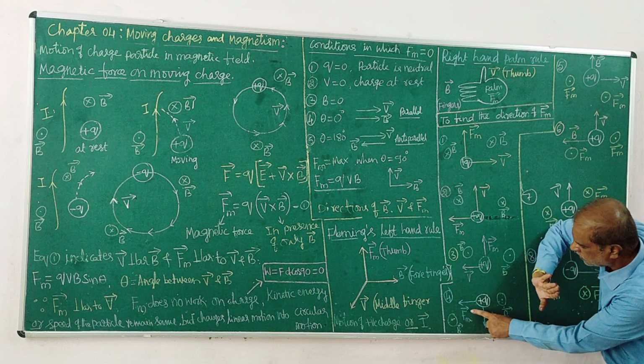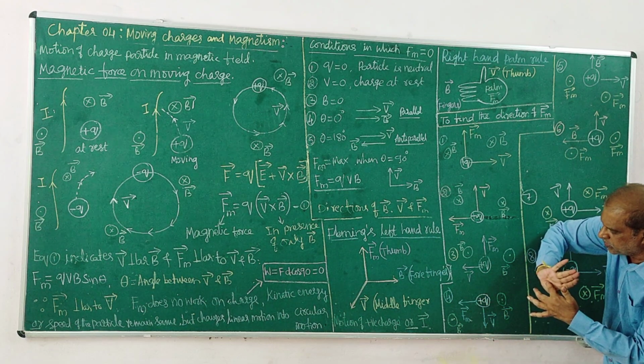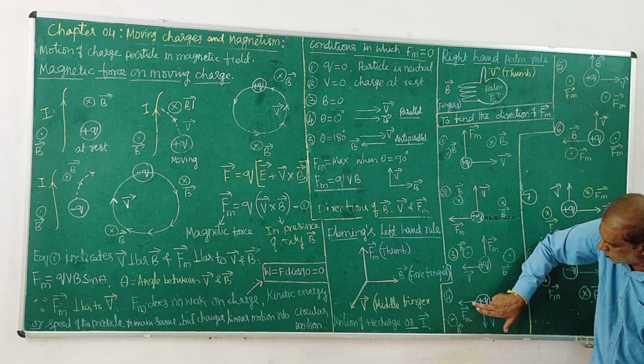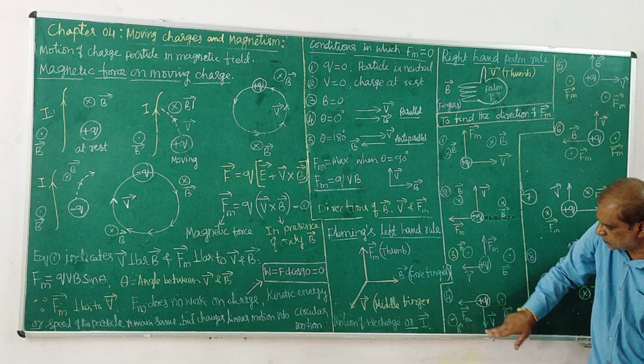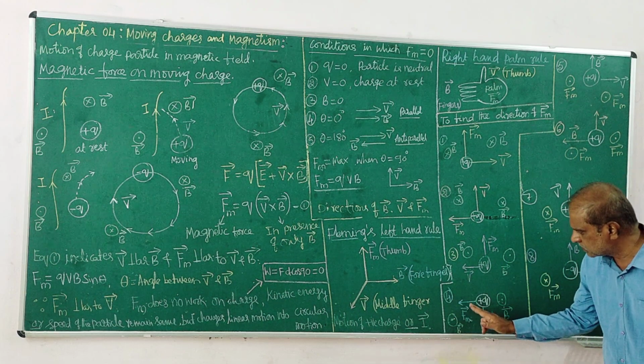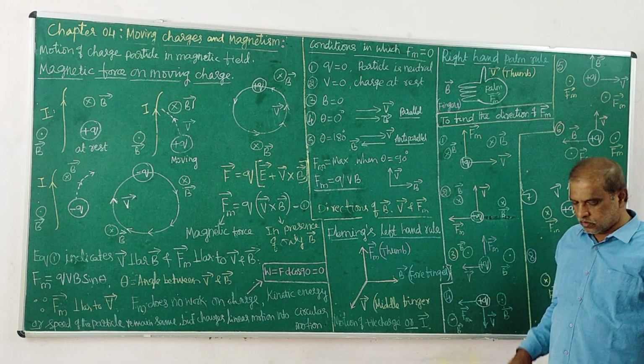And how do you find the force vector? Here the palm is facing this direction. Therefore, force must be in this direction for these two vectors. This is how the direction is found.